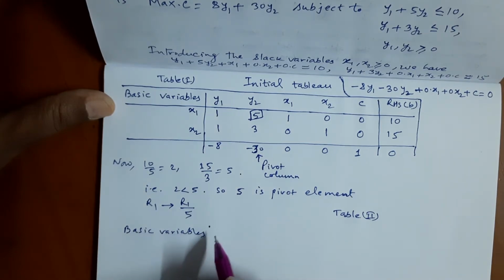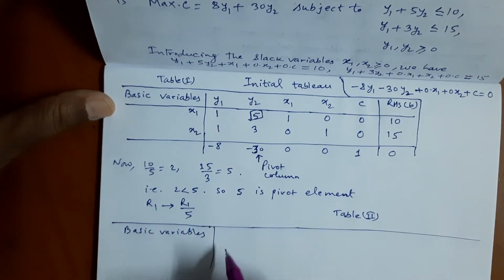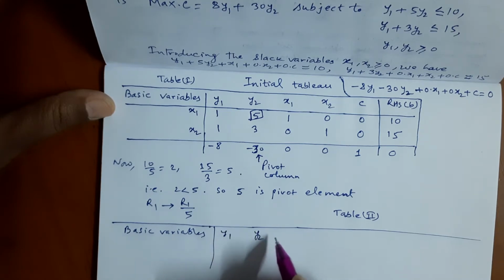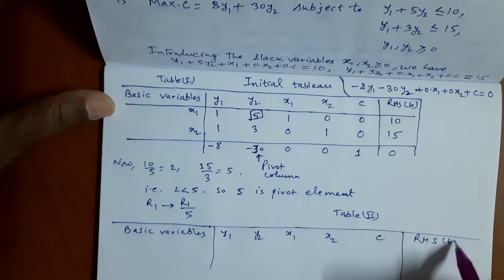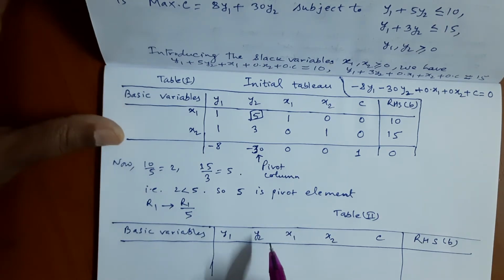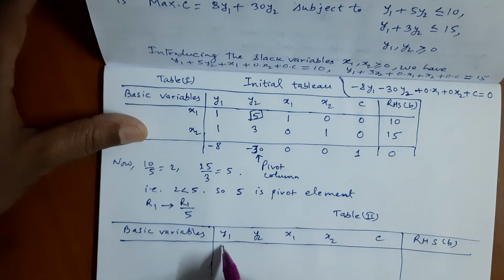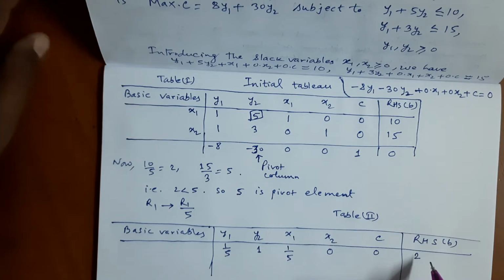Now we write y1, y2, x1, x2, c, RHS, b, and we have to divide this throughout by 5. So here will be 1 over 5, here will be 1, here is 1 over 5, this 0 over 5, 0, 0 here, 10 divided by 5, here will be 2.